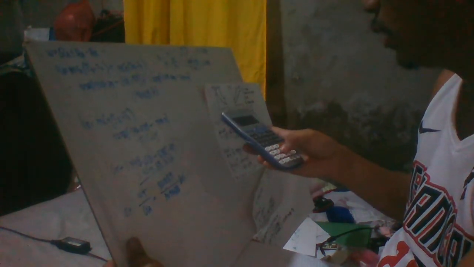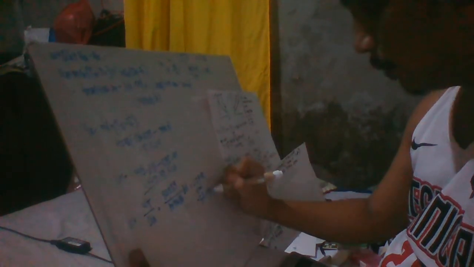Using again the calculator, 803.59 divided by 1,398.68, we'll have 0.5745 times 100%. So we have an efficiency of 57.45%.